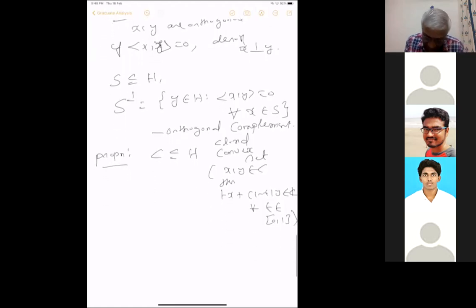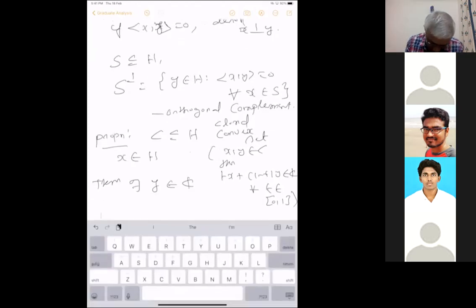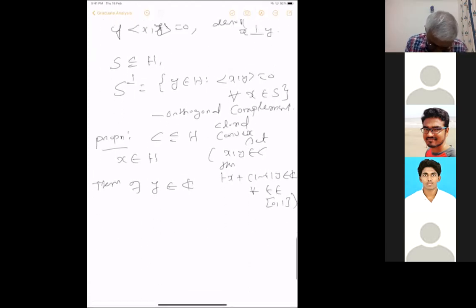So we have a convex subset and we have an x in H. Then there exists a y in C such that the norm of x minus y is equal to the distance between x and C, which is equal to the infimum over all y in C of the norm of x minus y.